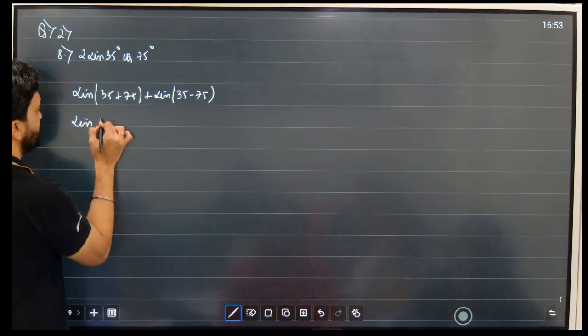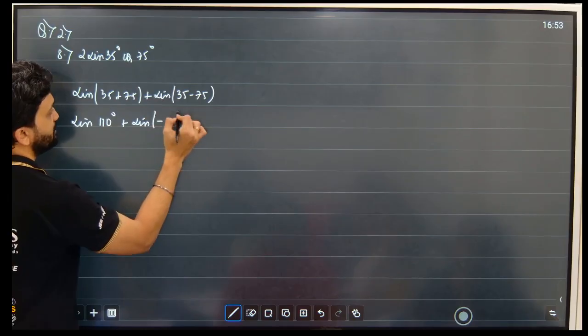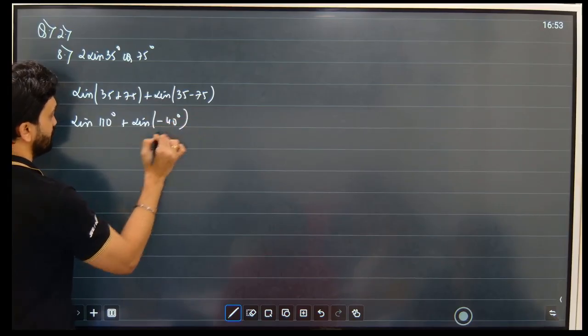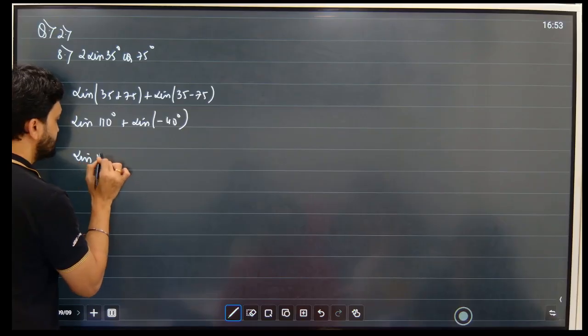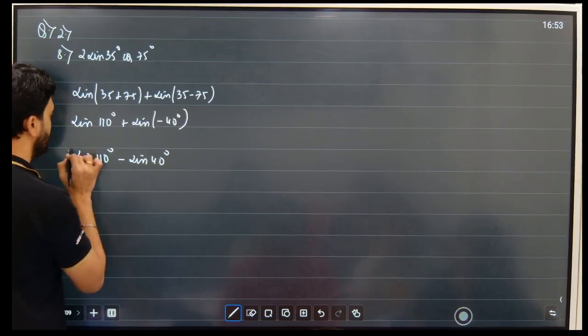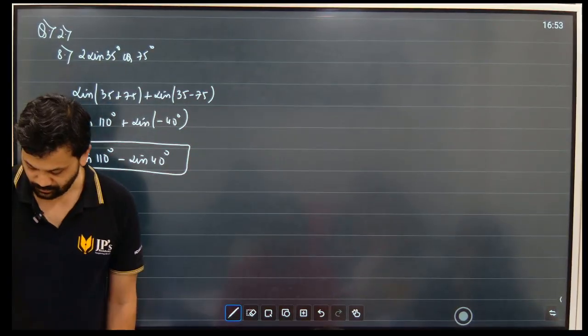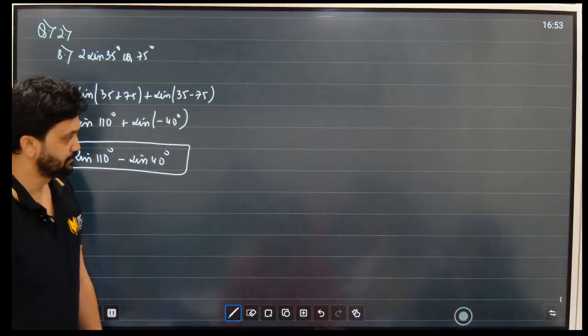So this will become sin 110 degree plus sin of minus 40 degree. And we all know that sin of minus theta is minus sin theta. Have you understood this? So this is what we do. Start writing, everyone.